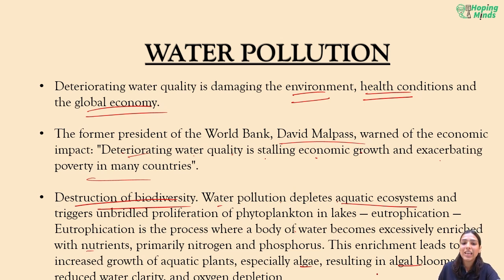Now, all these algae and aquatic phytoplanktons that grow, they thrive on these chemicals and also of course on oxygen, and when there are a lot in number, water's clarity is going to go down. The clear streams that we used to see are going to be shabby, muddy, murky, green, and oxygen depletion of course. This is eutrophication. You can write this happened in Dal Lake as well, the famous tourist lake.